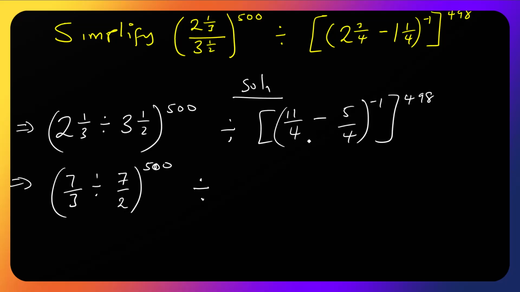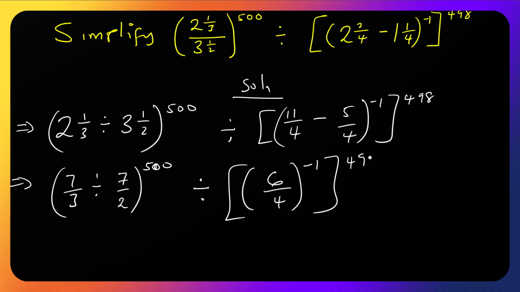So we have equal denominators. So we can subtract. So this side will be 11 minus 5. That will be 6. 6 on 4 raised to -1, all raised to 498.